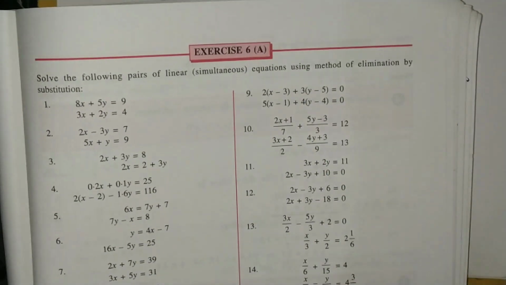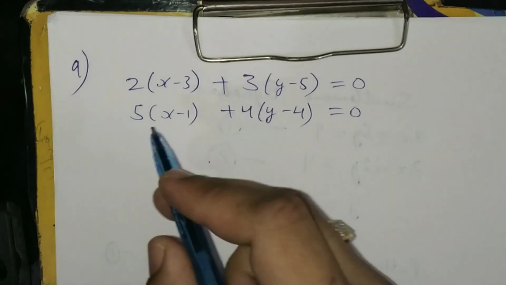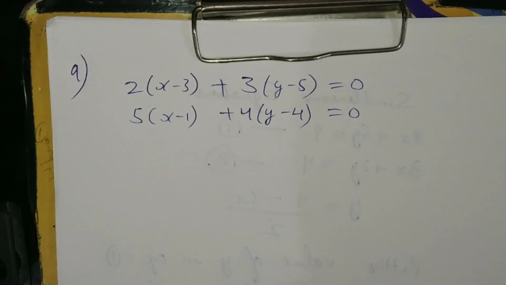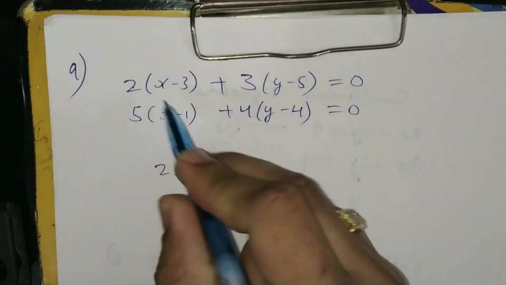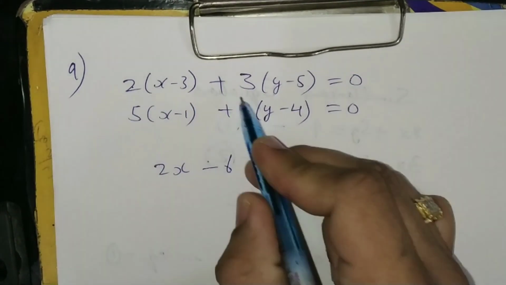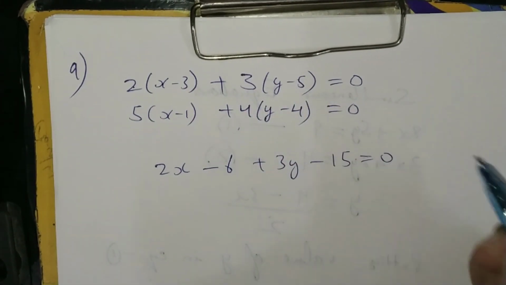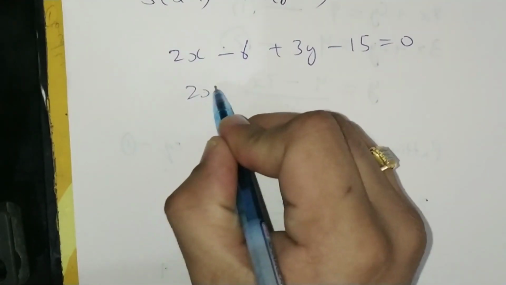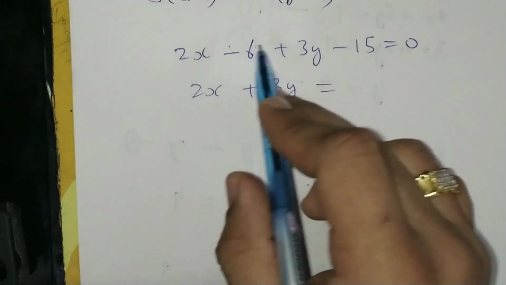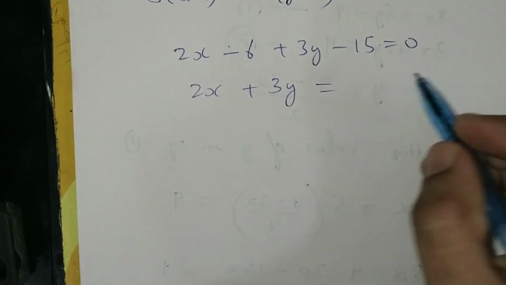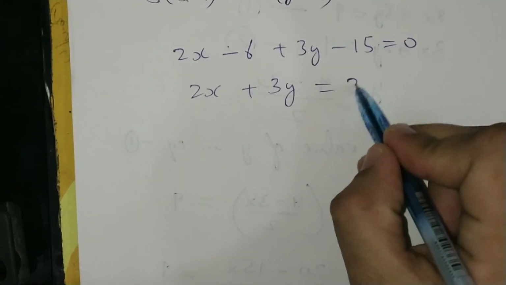For example, I will solve a little. This is the ninth question. First we have to make this a linear equation. Multiply this 2 into x: 2x minus 6 plus 3y minus 15 equal to 0. So 2x plus 3y is equal to 6 plus 15, 21. We take that to the other side of the equal sign, so it becomes positive 21.